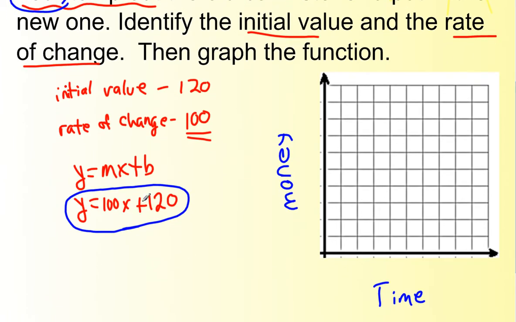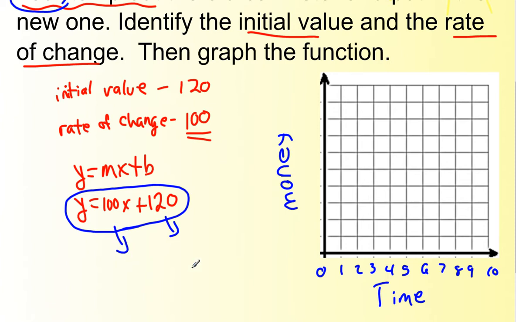Time. I don't exactly know what my unit of time is going to be. I assume it's going to be something like 0, 1, 2, 3, 4, 5, 6, 7, 8, 9, 10. Well, let's try that. As far as my y-axis scale, my initial value is 120, and I'm going to be going up by 100 every hour.